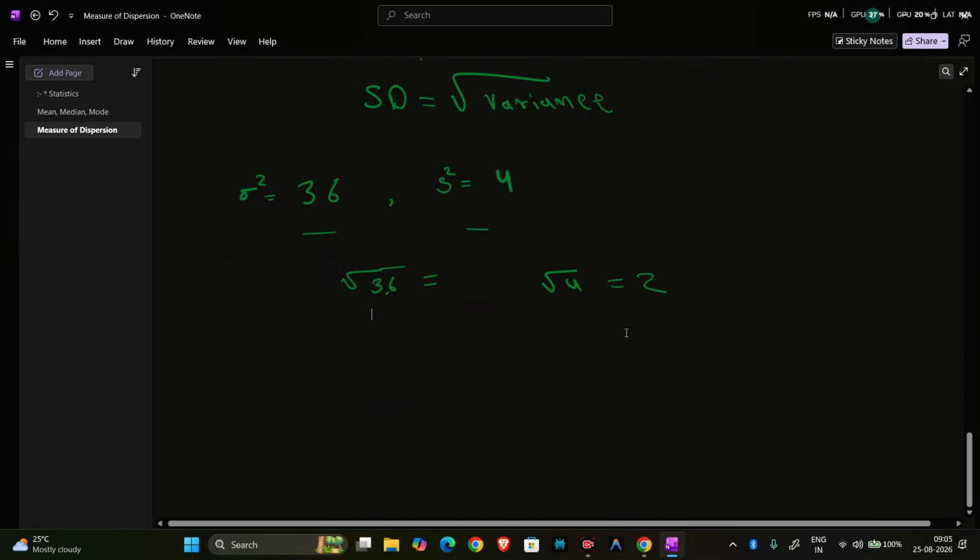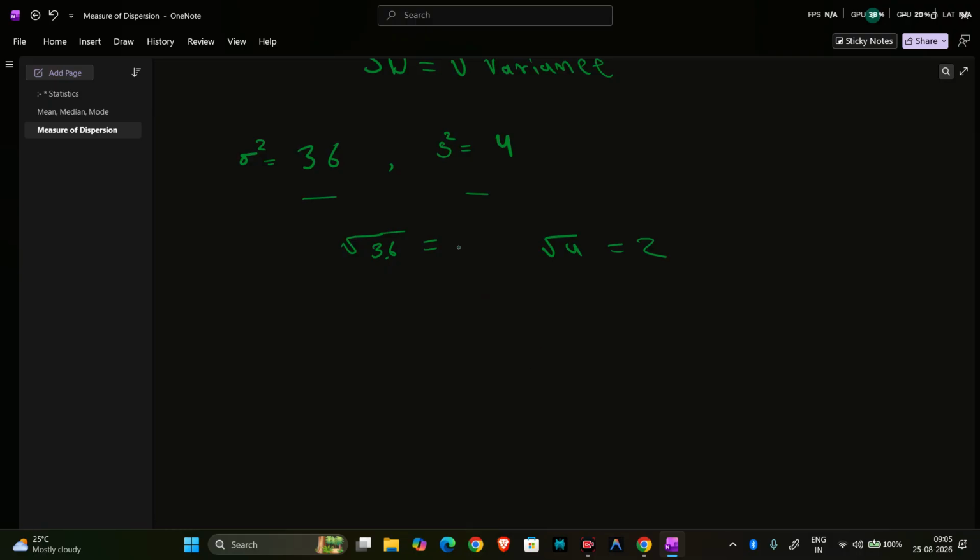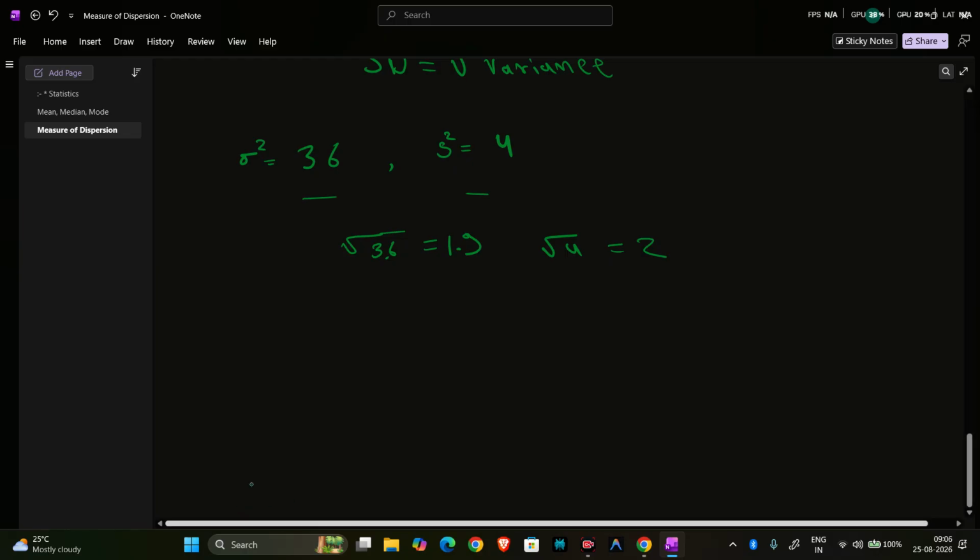We have 3.6 as the variance, so the standard deviation will be around 1.9. So this is how we can calculate the standard deviation. So we learned what the variance and standard deviation are.